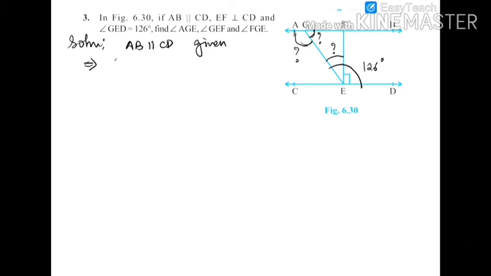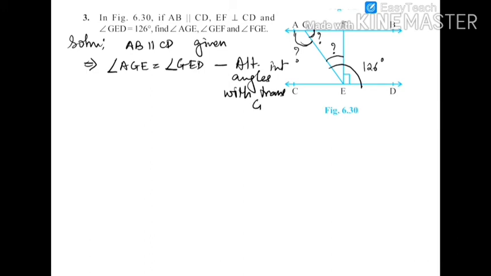So this implies angle AGE is equal to angle GED, as they form alternate interior angles with transversal GE. It's important to write the transversal here in the reason because in this figure there are two transversals.